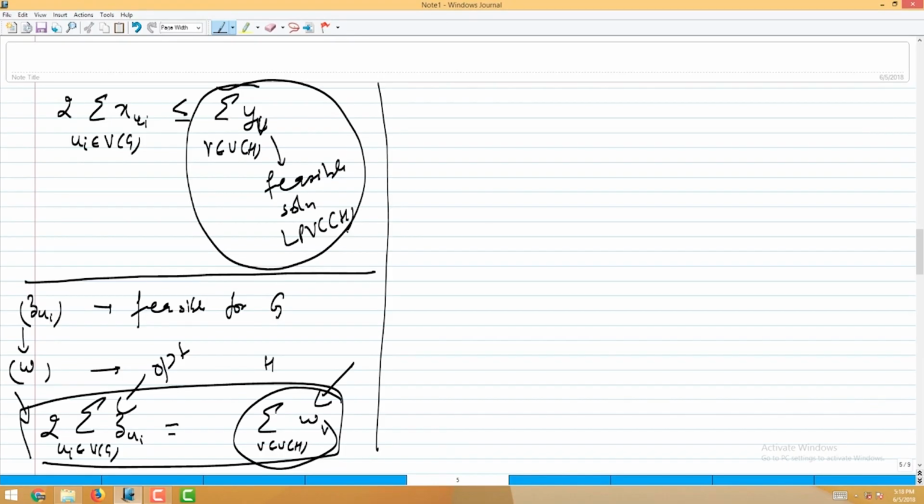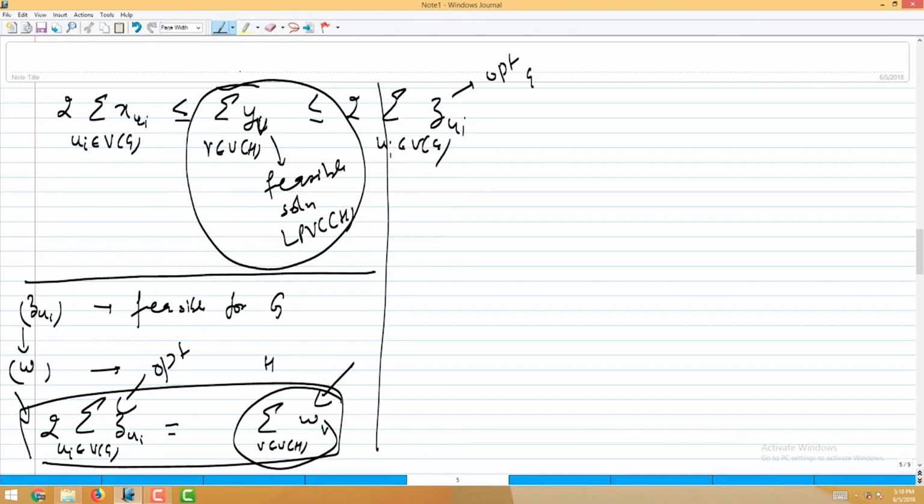And I have started with an optimal assignment for G. I could have started with any assignment, but I am starting with an optimal assignment because I want my proof to work. So I know that there is always a feasible assignment for H whose size is twice the optimal assignment, right? And I also know that whatever I have constructed is at most the feasible assignment for H.